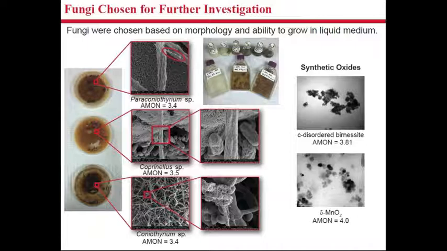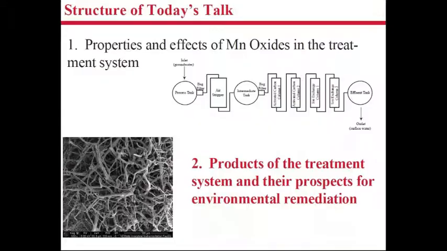One was how quickly they oxidize manganese. We didn't want to wait around forever, and if we're thinking about something we want to potentially use to make manganese oxides in the environment or in a treatment system, we want it to be relatively rapid. We also looked at how different they looked microscopically in terms of morphology and how different the oxides were. And we also had some synthetic oxides that we decided to carry forward into our study.